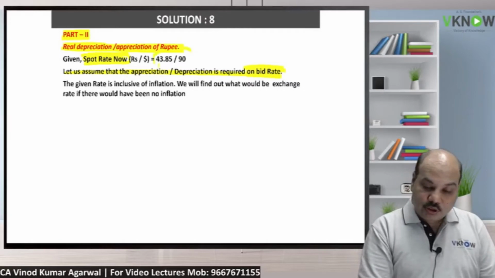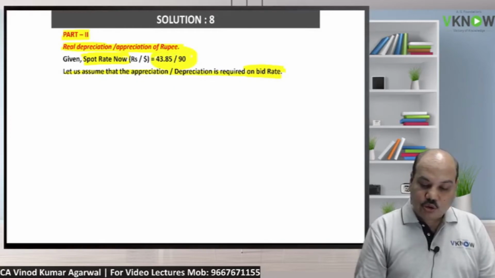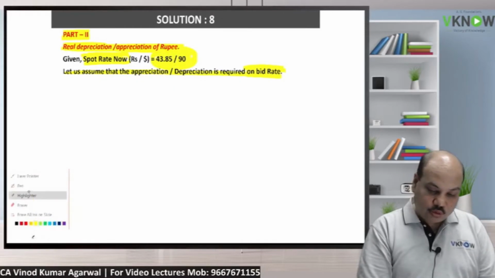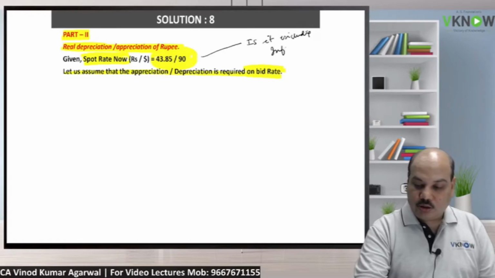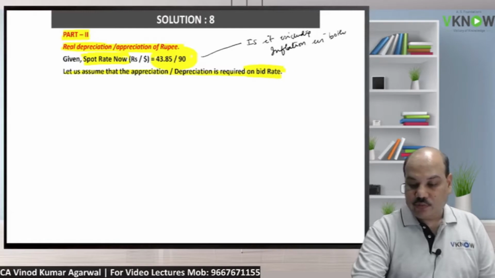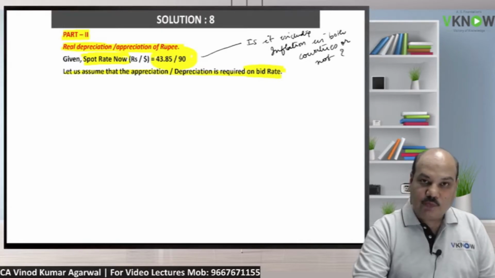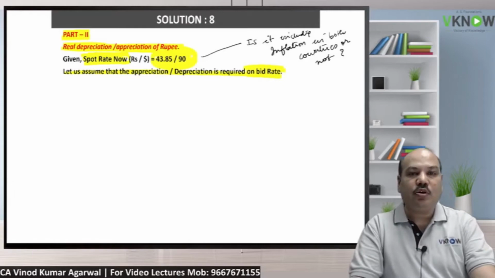Now this question is, if the exchange rate is given to you today, is it including inflation or excluding inflation? My question to all of you is, is it including inflation in both countries or not?